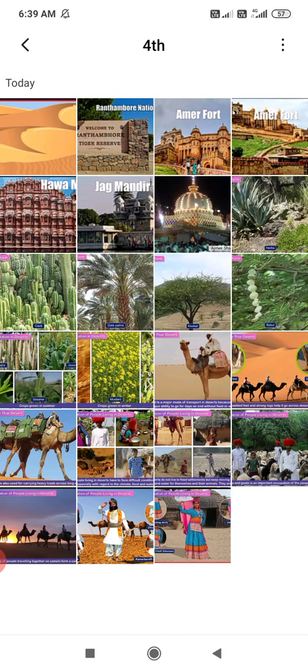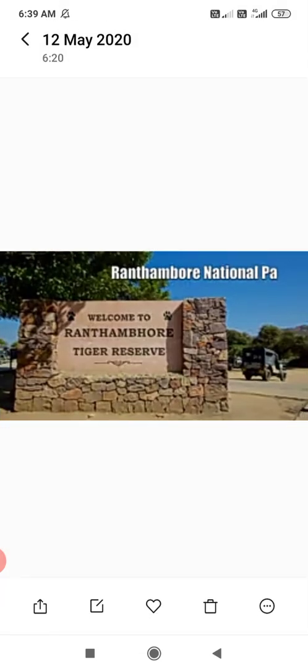The Great Indian Desert also has many wildlife sanctuaries like Ranthambore National Park, Bharatpur National Park, and Sariska.